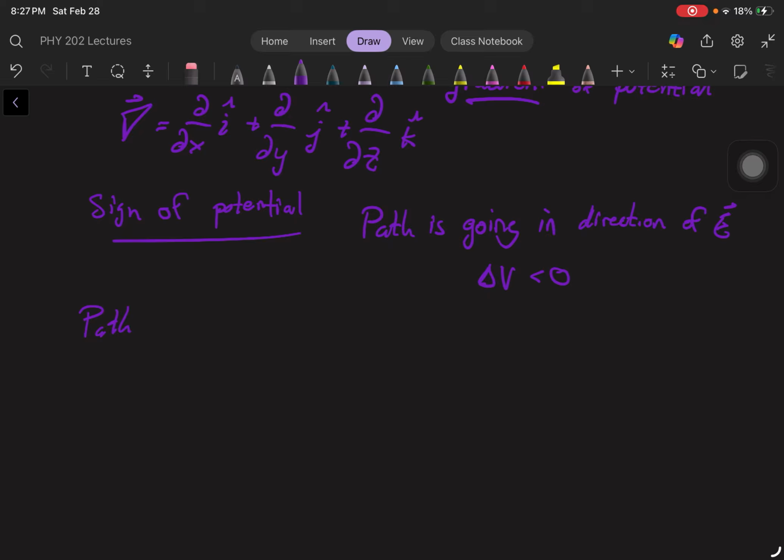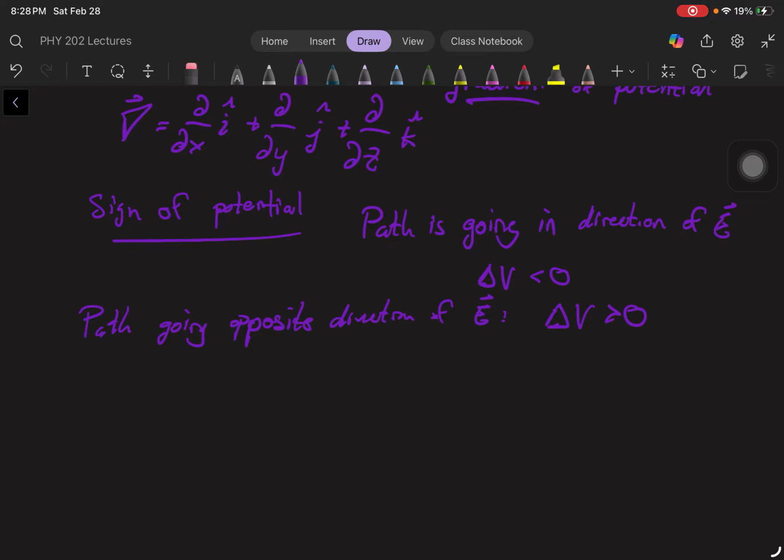If we have the path going in the opposite direction of E, then we would have delta V is greater than 0. And so it should kind of make some sense. Let's say you have a positive charge and you have your E field going this way. As that goes this way, it's going to lower potential energy, you've dropped in potential. And we'll not think about the negative charge just yet.